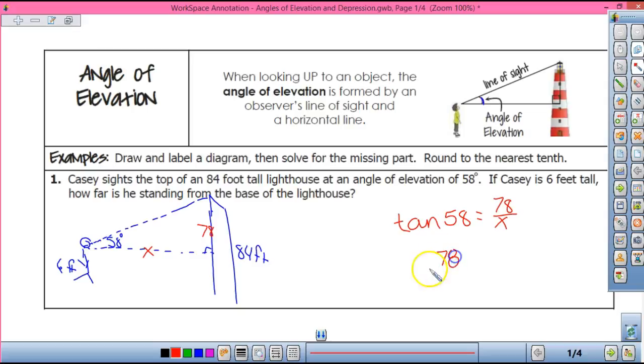Got to take 78 divided by the tangent of 58. And how far is he from the base? 48 point what? 7 feet. How far is he standing?